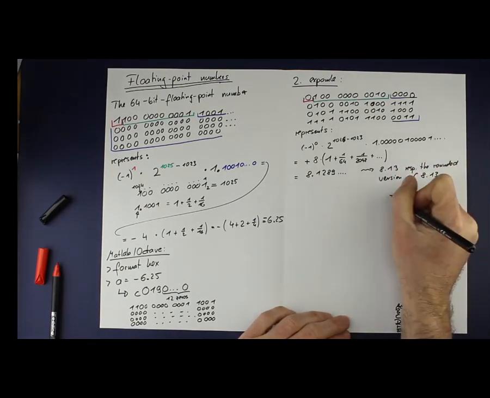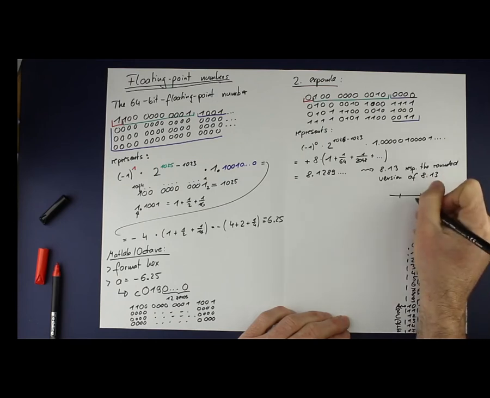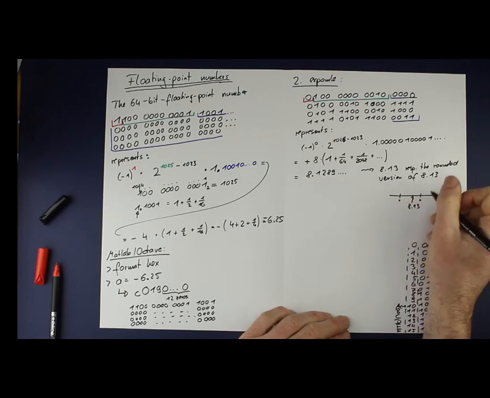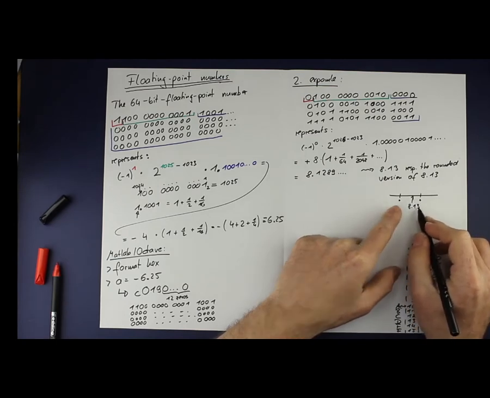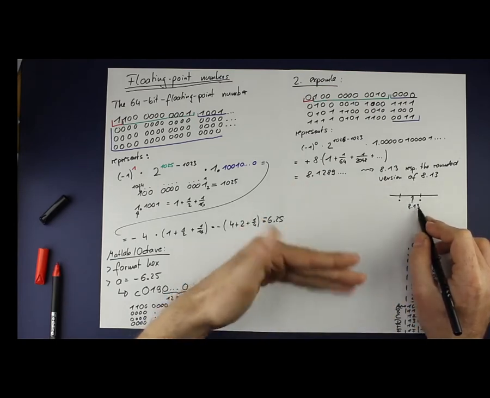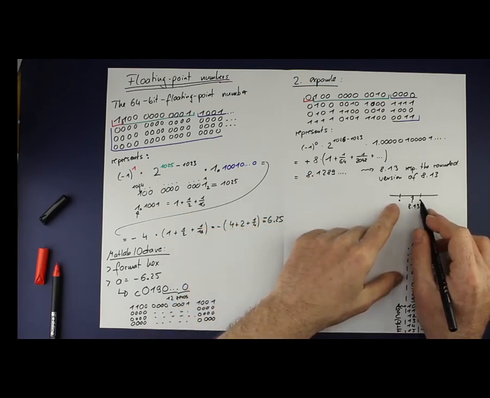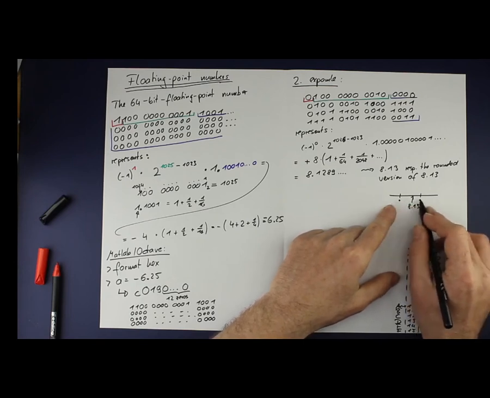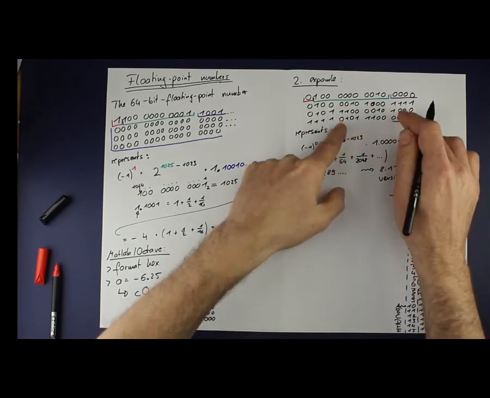The point is that here, if these are the numbers, then 8.13 is here, and there are 2 numbers next to it, and we only can store these numbers. 8.13 cannot be stored without a rounding effect. So internally, if we want to store 8.13, we are looking for the next available number, and we store that number, and then we get that.